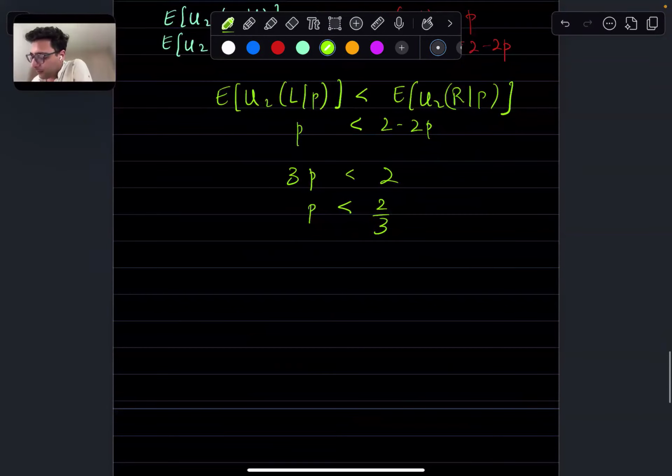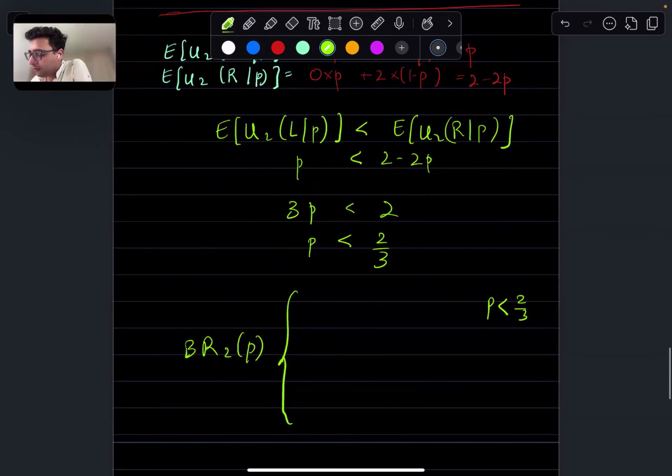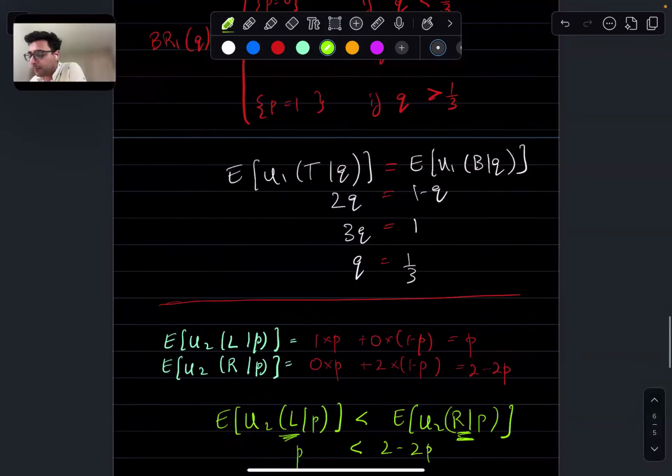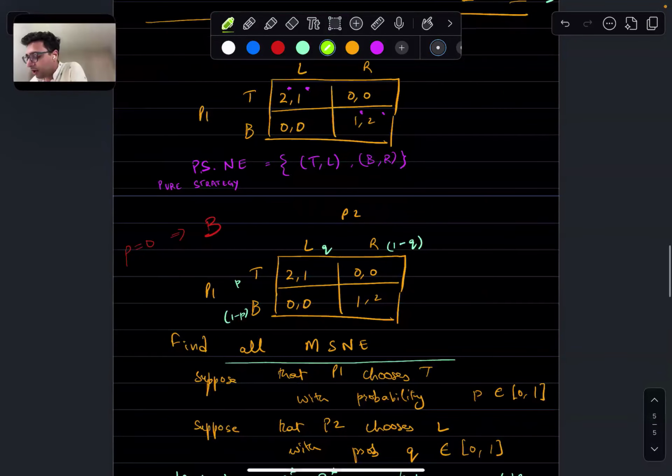Okay, so my best responses for player 2 will be a function of this choice of P. When P is less than 2/3, it is better for player 2 to choose R and not L, because the expected utility from L is lower. Choosing R all the time means the same thing as choosing Q equal to 0. Right? Q equals 0 means you choose R with probability 1.